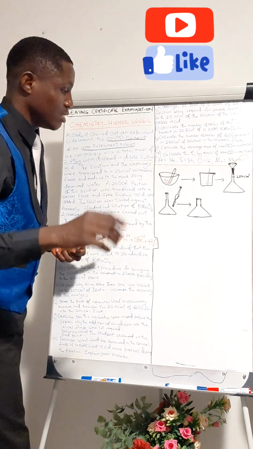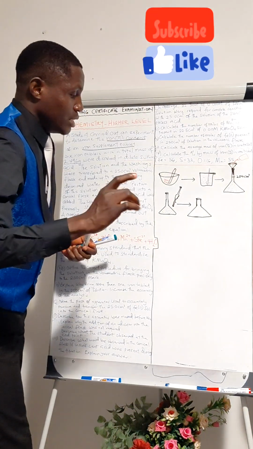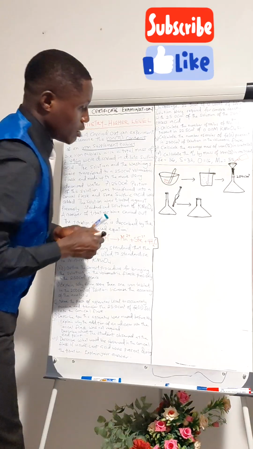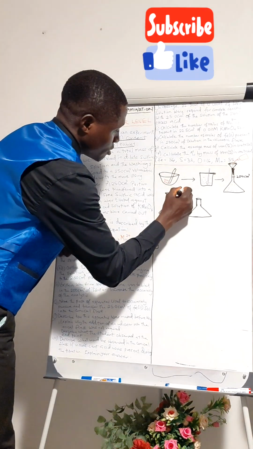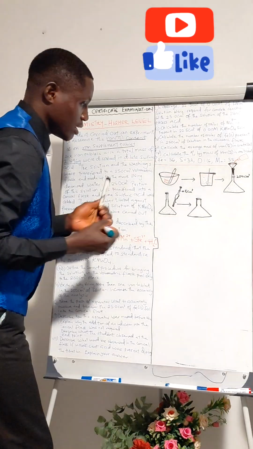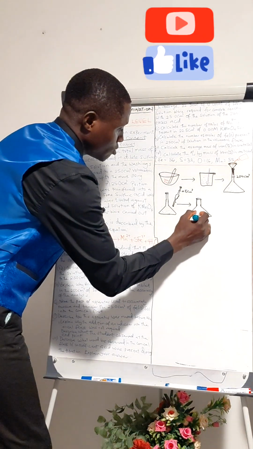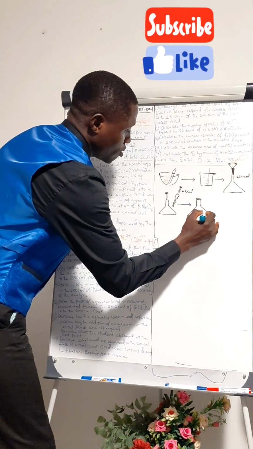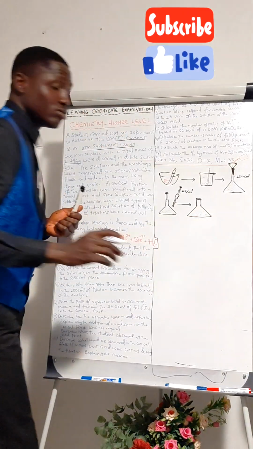It can measure up to 25 cm³. So 25 cm³ of the solution was transferred into the conical flask.